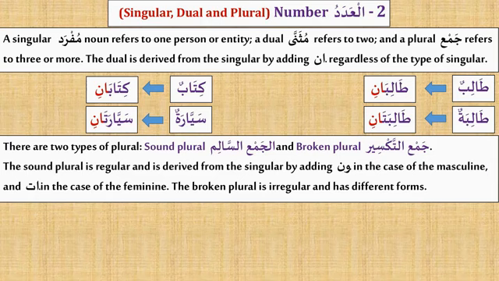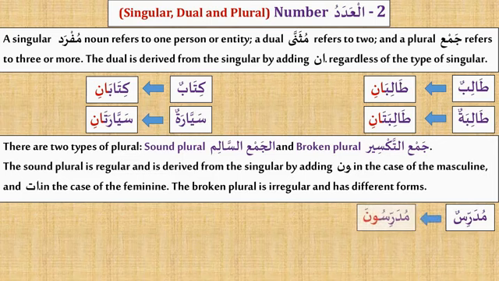Sound masculine plural, al-jam'ul mudhakkar salim. Mudarrisun, a male teacher. Mudarrisuna, male teachers, more than two, three or more teachers. Mudarrisun, mudarrisuna. This is called sound masculine plural, al-jam'ul mudhakkar salim.